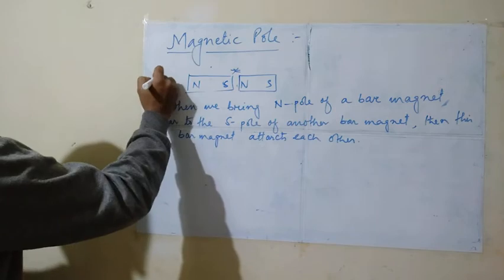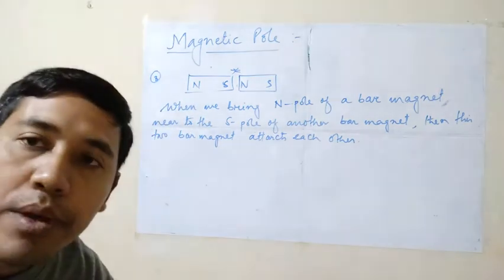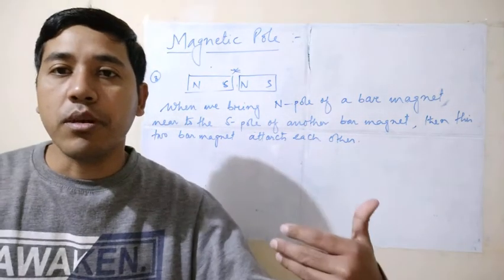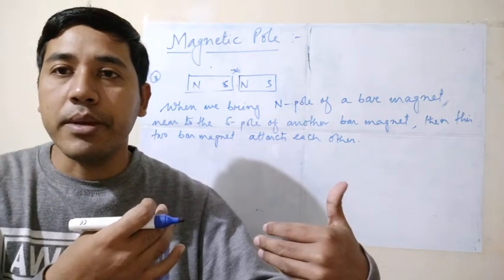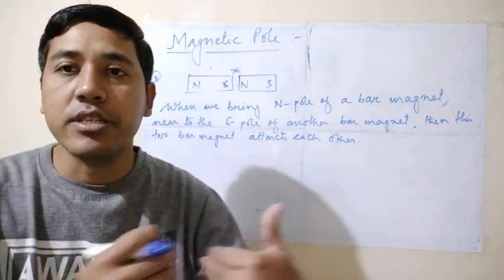Okay, this is the number 3rd one. What will happen when we bring this north pole of a bar magnet near to the south pole of a bar magnet? Then these two bar magnets will attract each other.